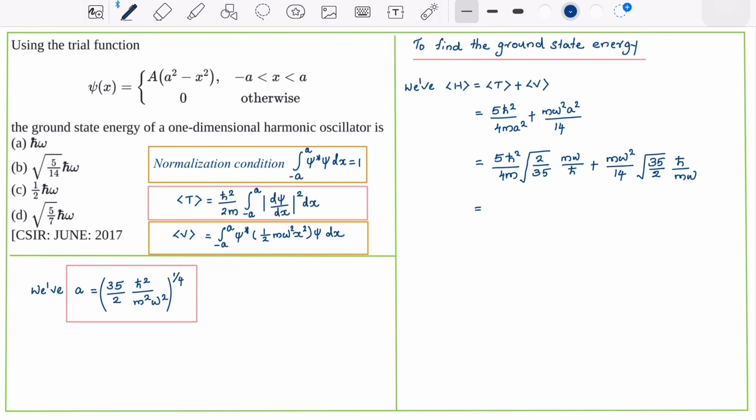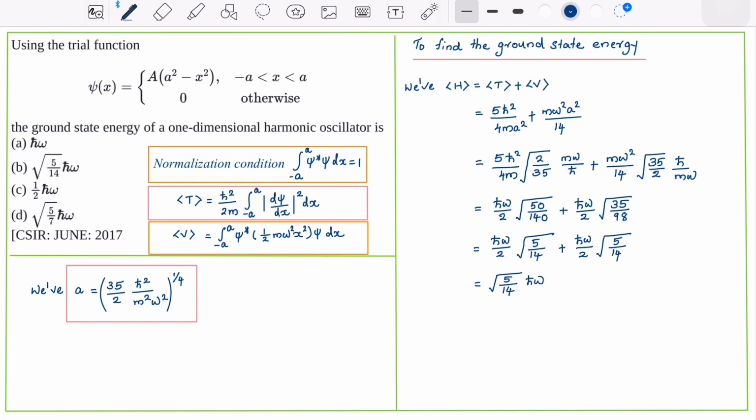Now after simplification we will get it as ħω by 2 root of 50 by 140 plus ħω by 2 root of 35 by 98. Now this is nothing but ħω by 2 root of 5 by 14 plus ħω by 2 root of 5 by 14, and this is nothing but root of 5 by 14 ħω.